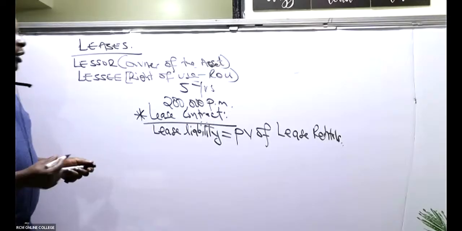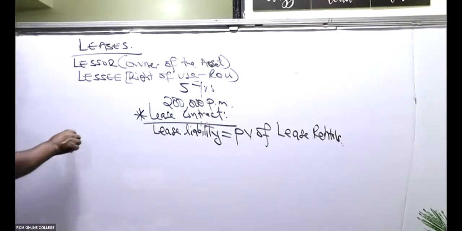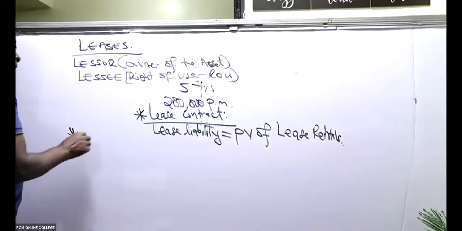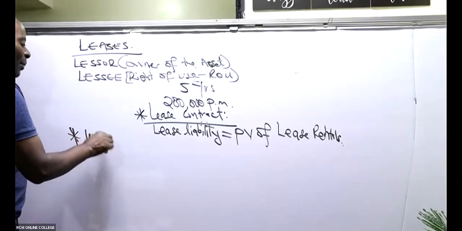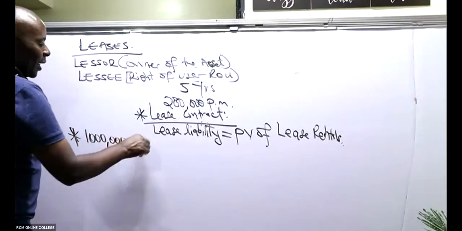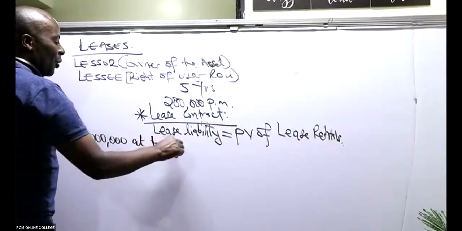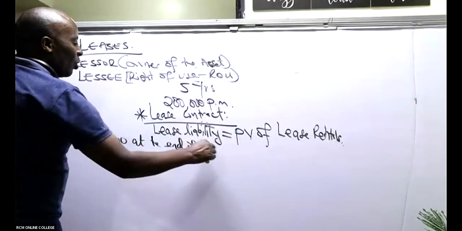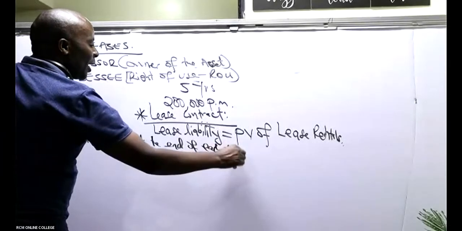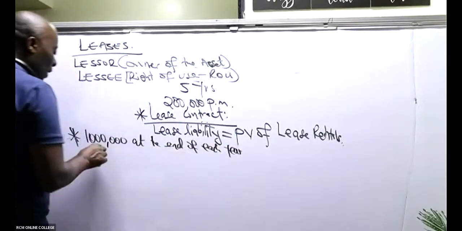So assuming, for example, we have entered into this kind of a contract where somebody wants us to be paying 1 million shillings at the end of each year, for 5 years.